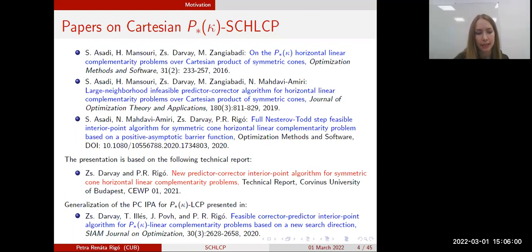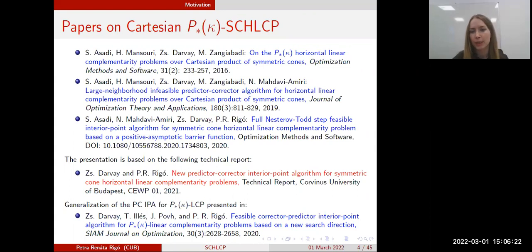And it is the extension of our previous result, which was published in the Central European Journal of Operations Research. So this was about the predictor corrector algorithm, but only for P-star(kappa) linear complementarity problems. So this is its extension to this more general framework.